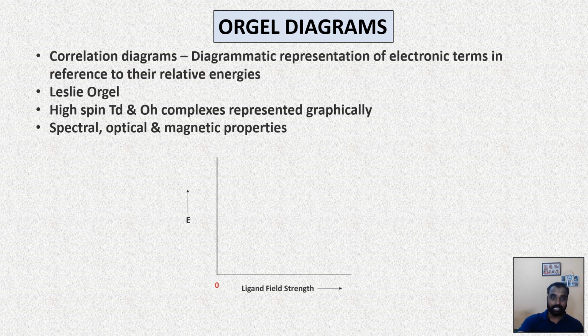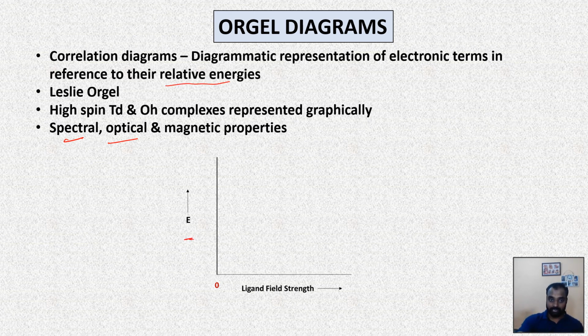Here the Orgel diagrams are important diagrams for representing the energy levels, and we can understand the electronic spectral transition, optical. Also we can obtain some magnetic properties of the transition metal ions. These correlation diagrams represent the electronic terms in reference to their relative energies.